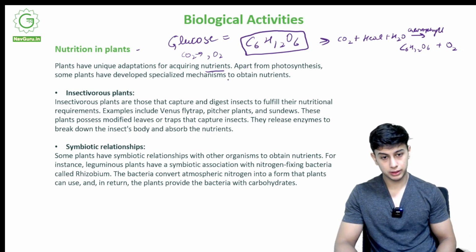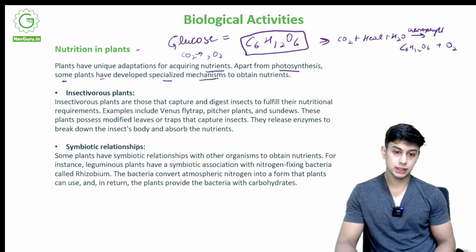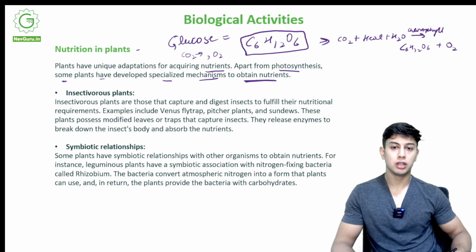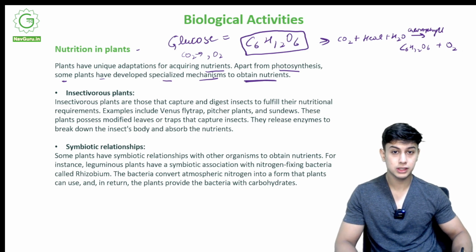Now we will study about that. Apart from photosynthesis, some plants have developed specialized mechanisms to obtain nutrients, right? They have special mechanisms. Now they don't have chlorophyll, no photosynthesis.